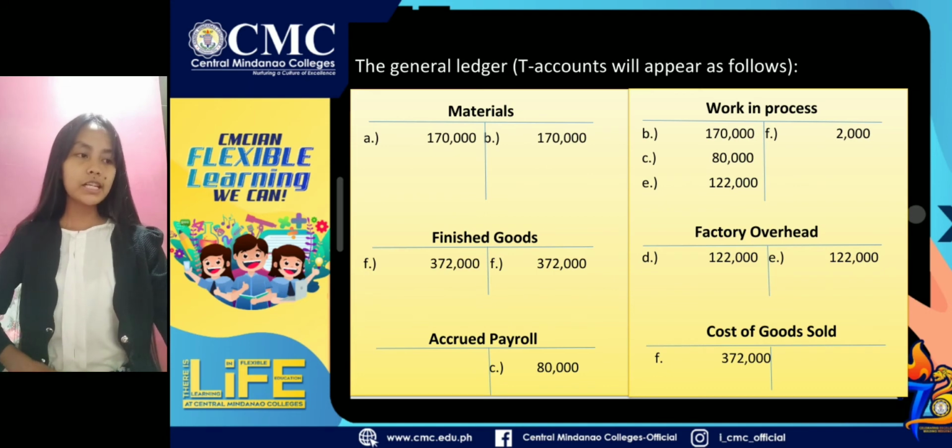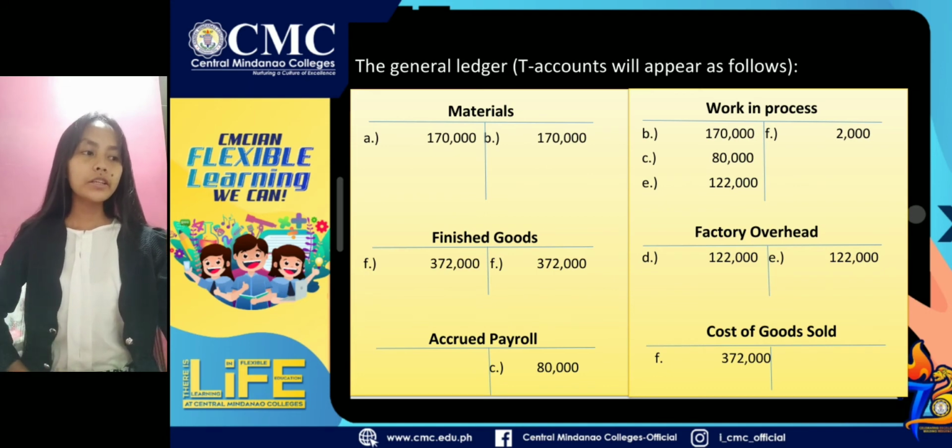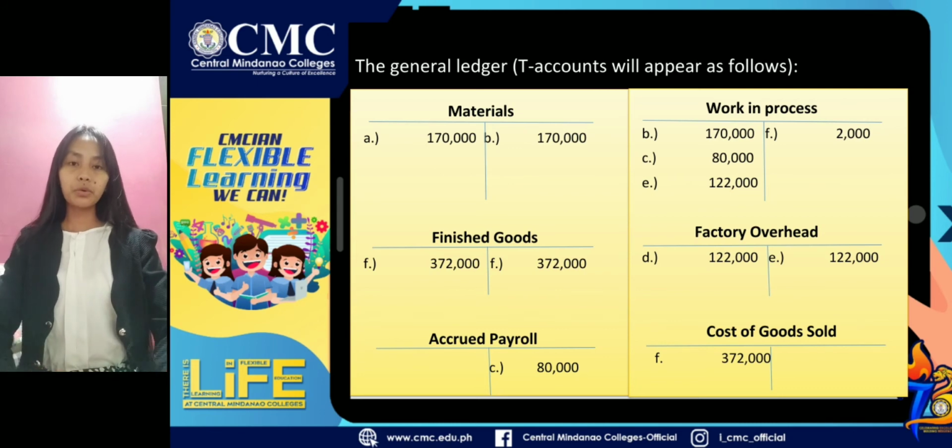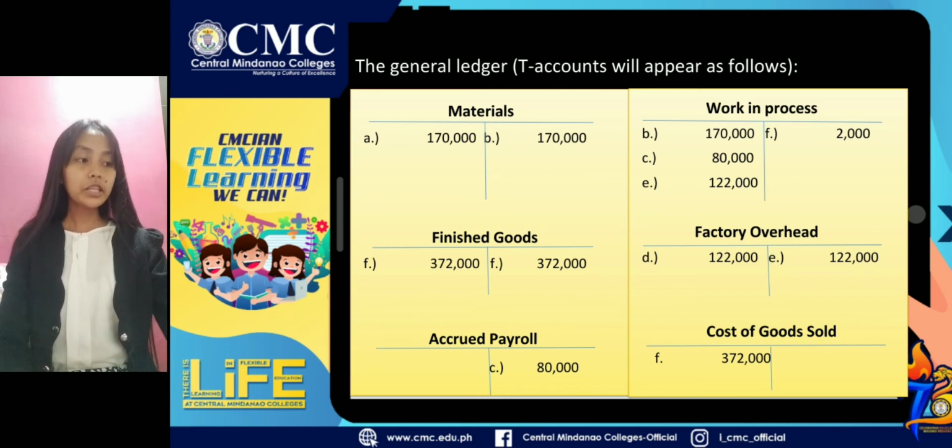So, in our materials, nag-debit po tayo ng 170,000 kasi ito po yung pinakauna na transaction or sa transaction A na bumili po or na-purchase po yung trams ng materials amounting to 170,000 for the production. And then, nag-credit din po tayo ng 170,000 of materials. Ito po yung sa next transaction or sa transaction B.